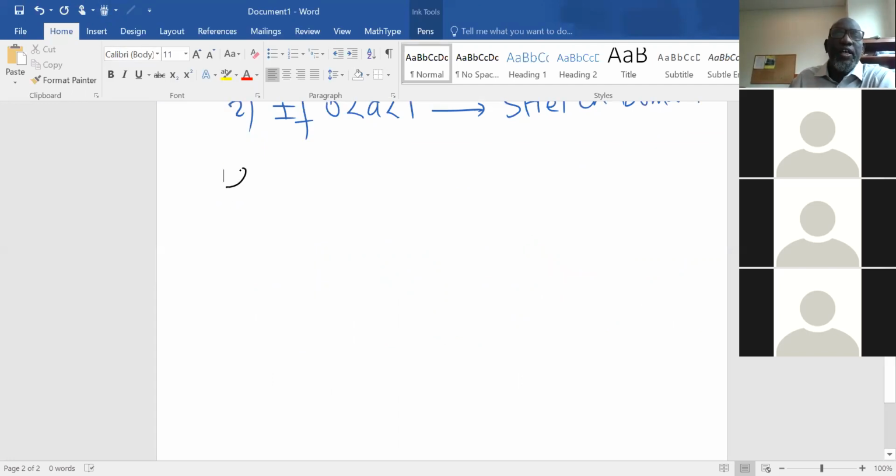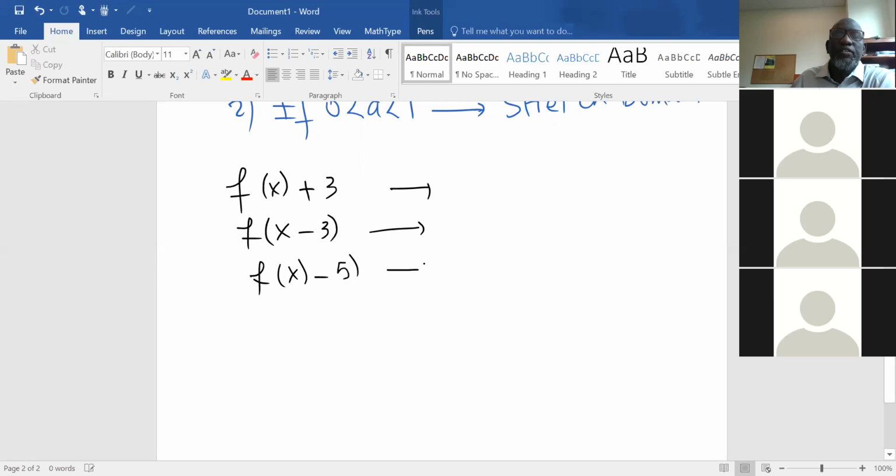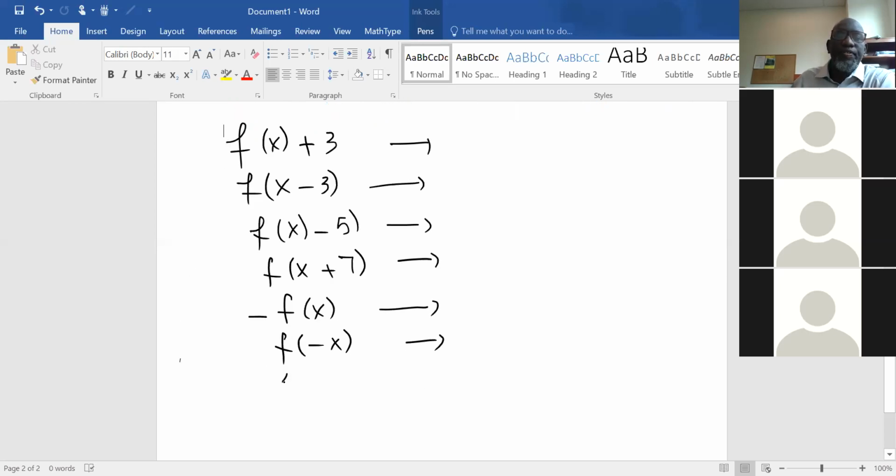For instance, f of x plus 3, f of x minus 3, f of x minus 5, f of x plus 7, negative f of x, f of negative x, and then 5 f of x and f of 5x.